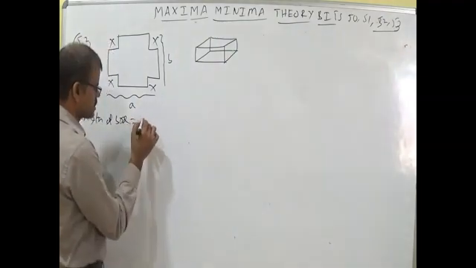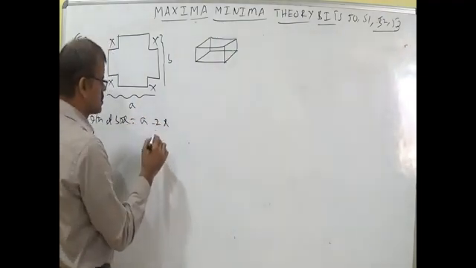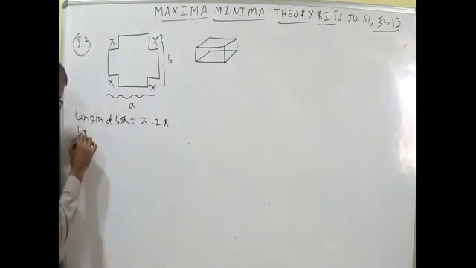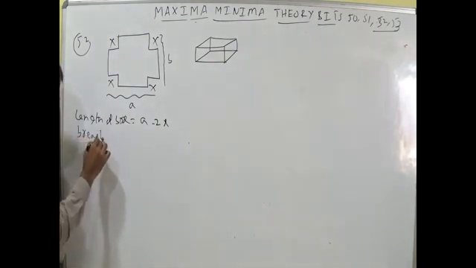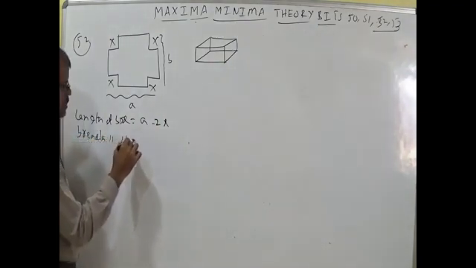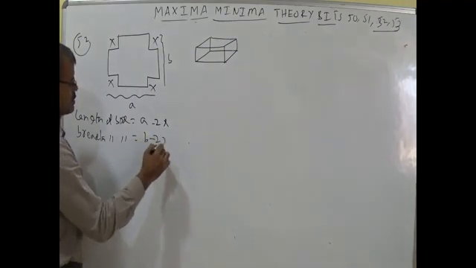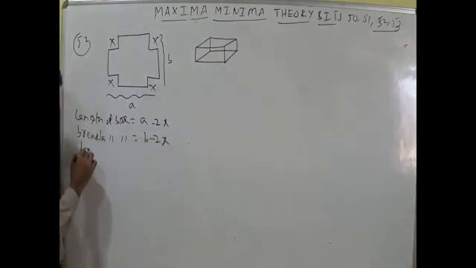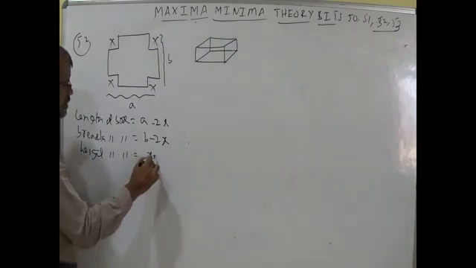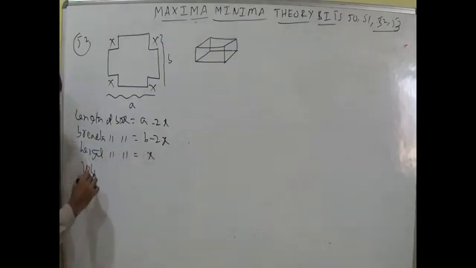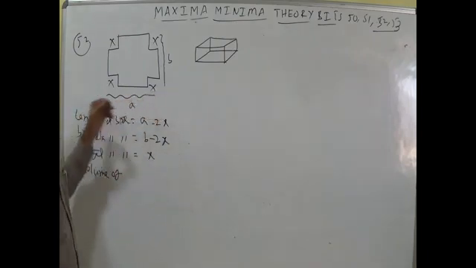Length of the box is a minus 2x. Next, breadth of the box is b minus 2x. Next, height of the box is simply x. So volume of the rectangular parallelepiped, or the cuboid.